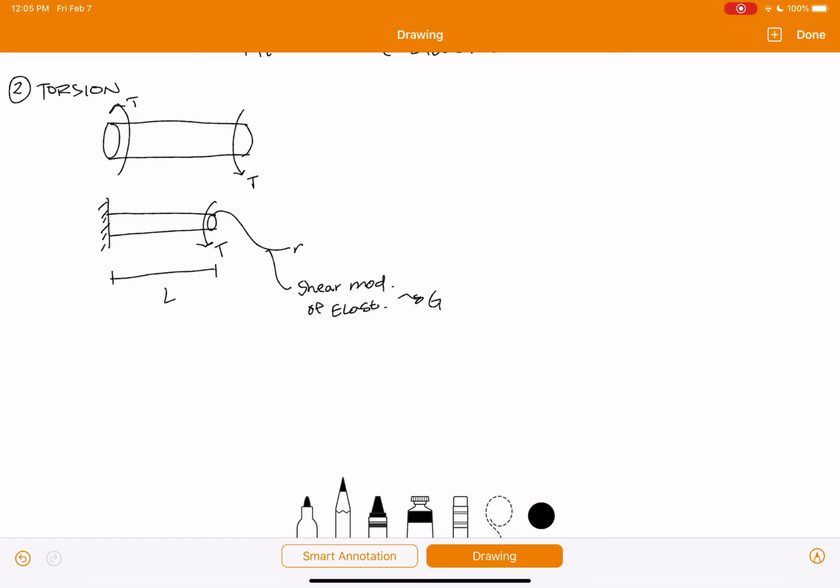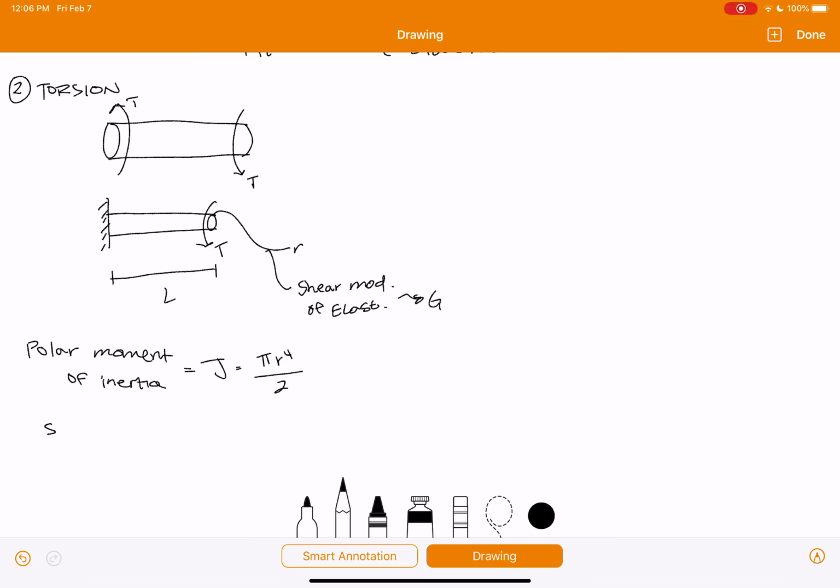All right, so the first thing we need to find in these types of problems is the polar moment of inertia, and we use the letter J to represent that. And for a circular bar, you can use pi r to the 4th over 2.